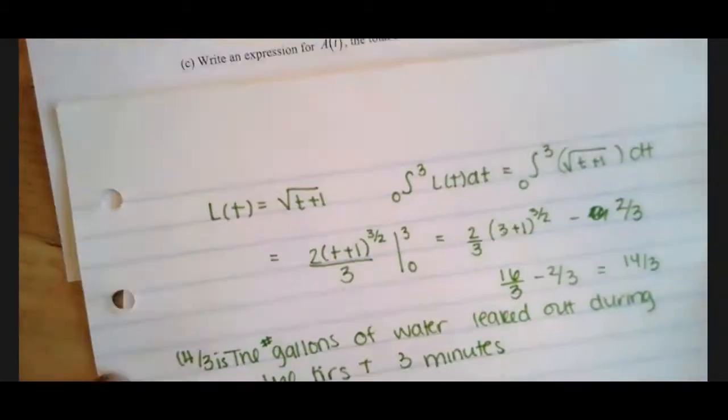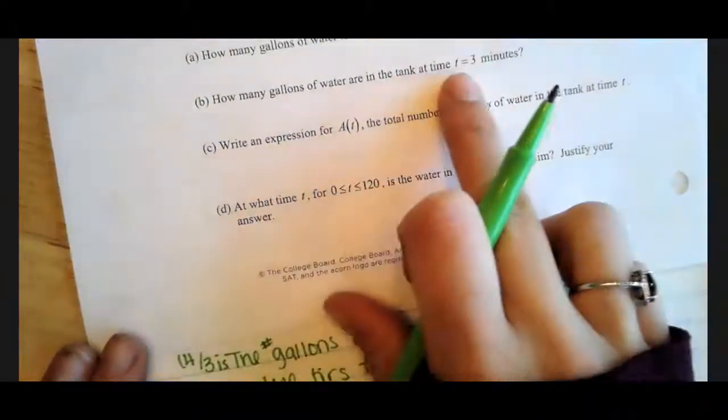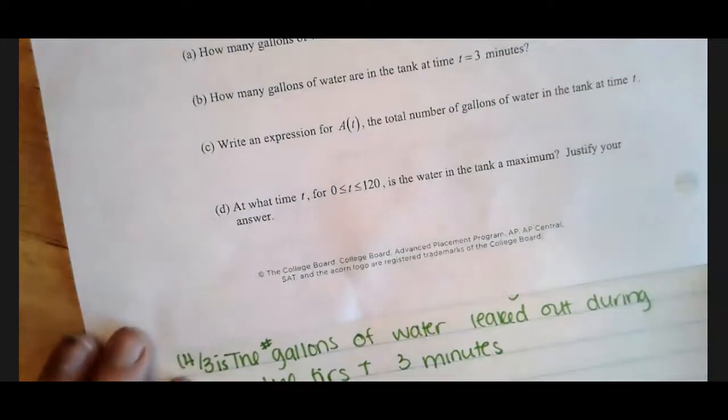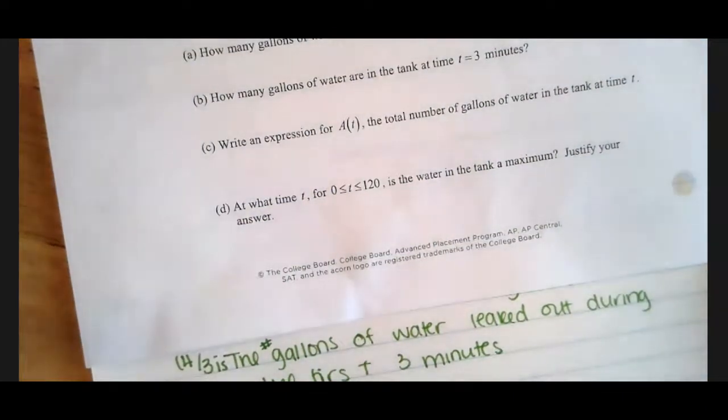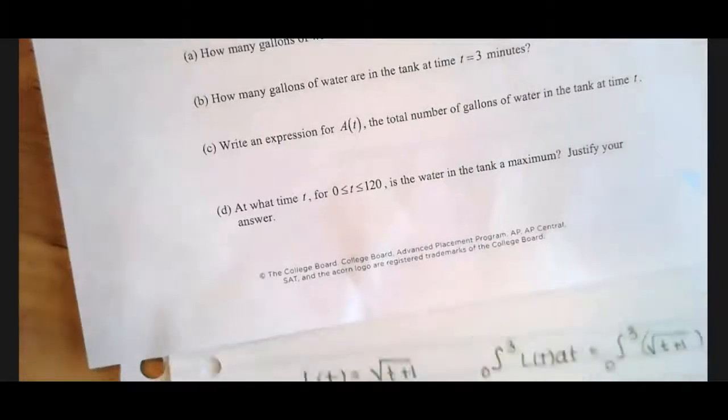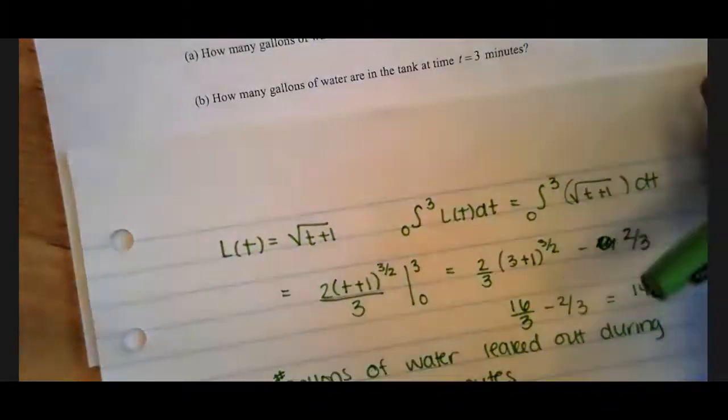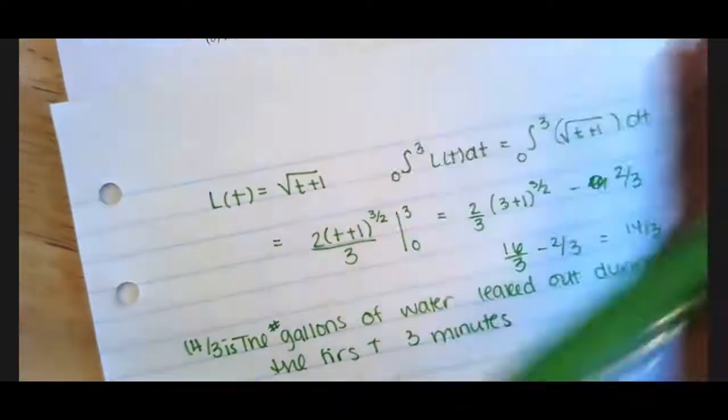Part B, how many gallons of water are in the tank at 3 minutes? This is different than the amount of gallons that have leaked out. So, how many gallons of water are in the tank at 3 minutes?